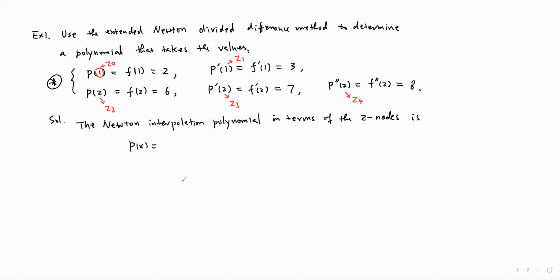The degree is 4. Degree 4 is sufficient because a polynomial of degree 4 has 5 coefficients. 5 conditions can completely determine 5 coefficients.